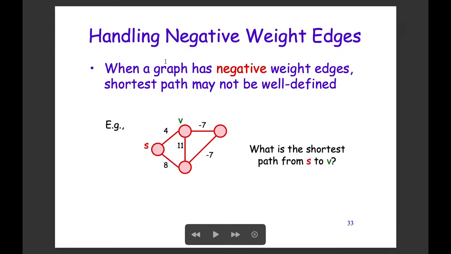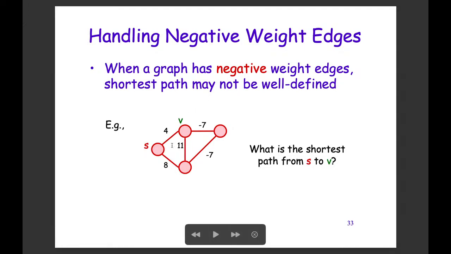Now, here we want to find out the shortest path from a source S to a certain vertex, and the edges inside the graph may have negative edge weights. Now, first of all, we will realize that when there are negative edge weights, shortest path may not be well defined.